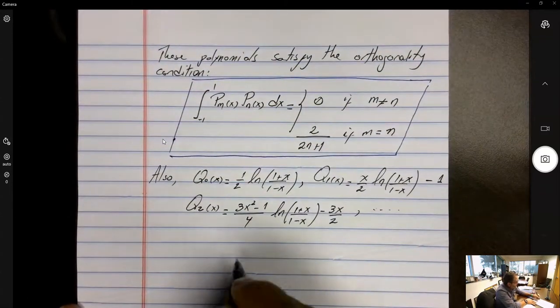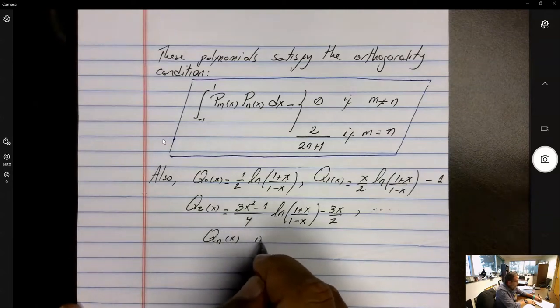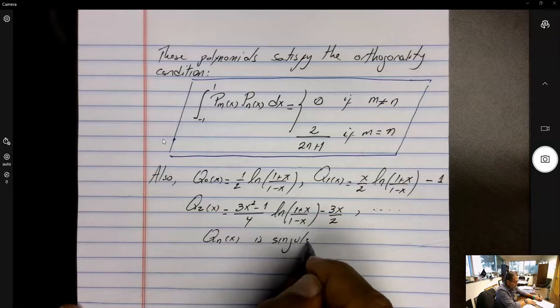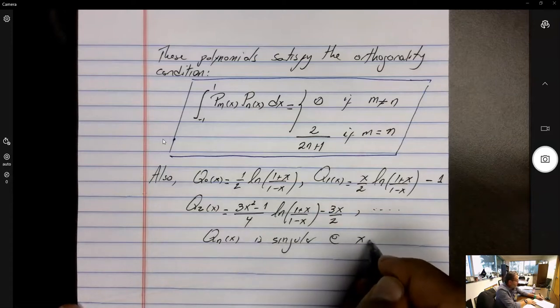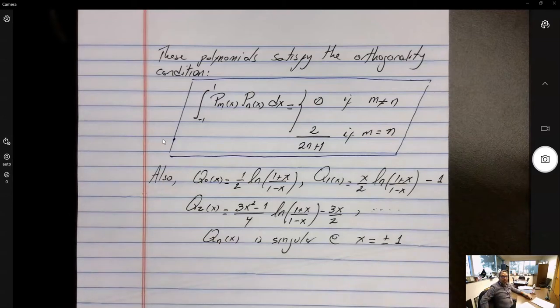So these are singular. Qn of x is singular at x equals plus and minus 1. As expected, because remember the original equation had a singularity at x equal 1 and at x equal minus 1.